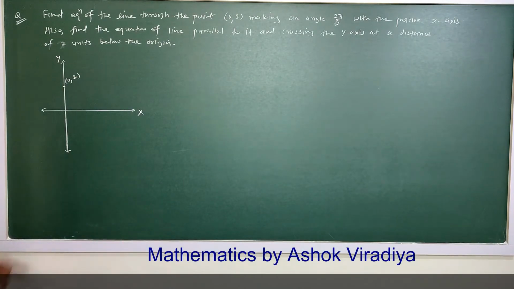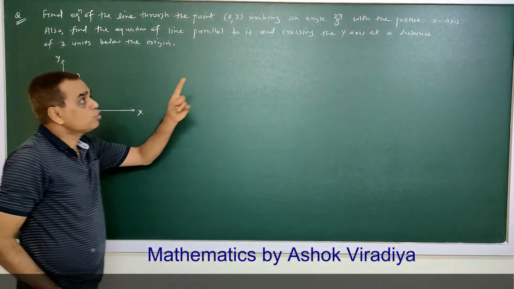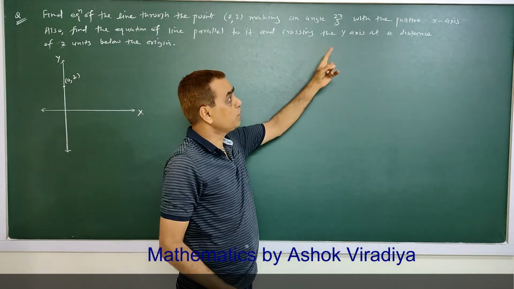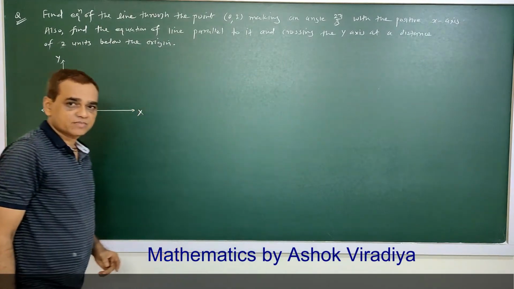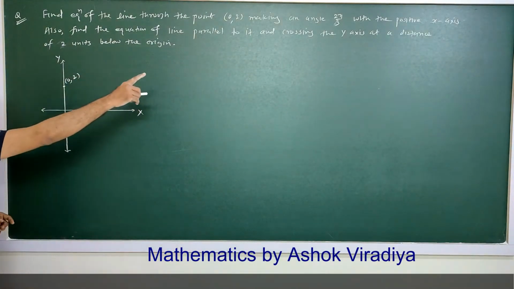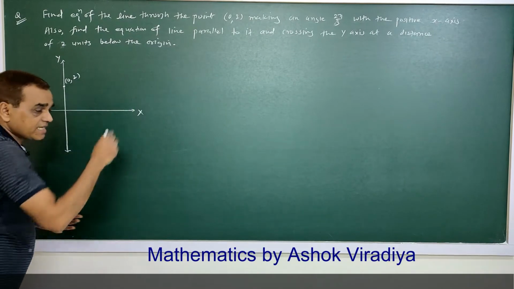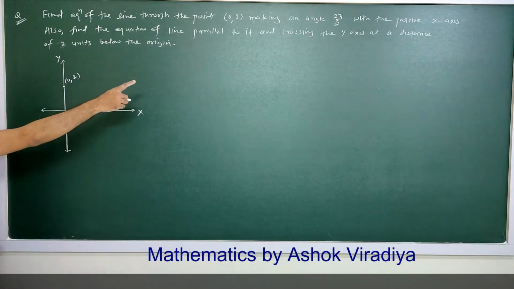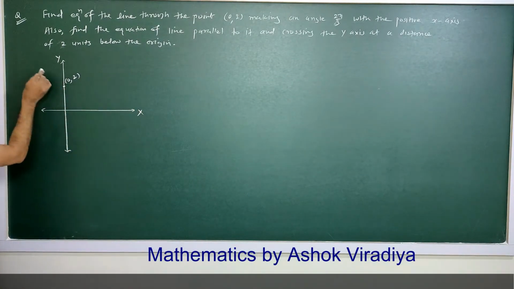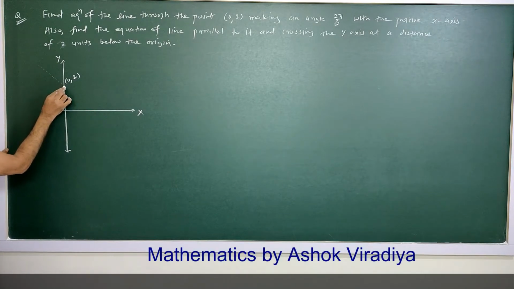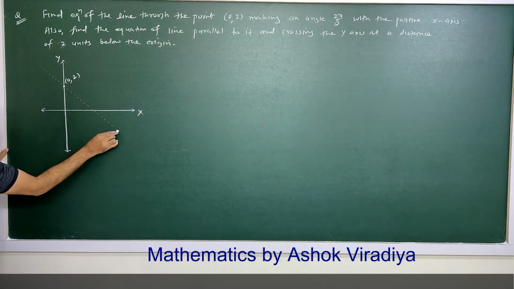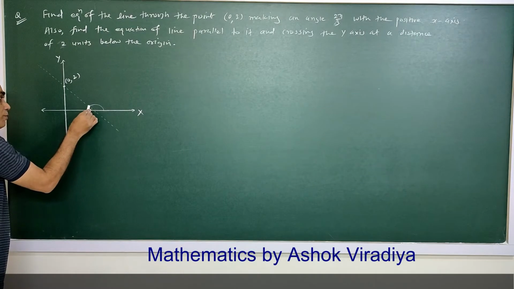From (0, 2), we are taking a line making angle 2 pi by 3 with the positive x-axis. Because it is an obtuse angle, we have to take the line in this direction.